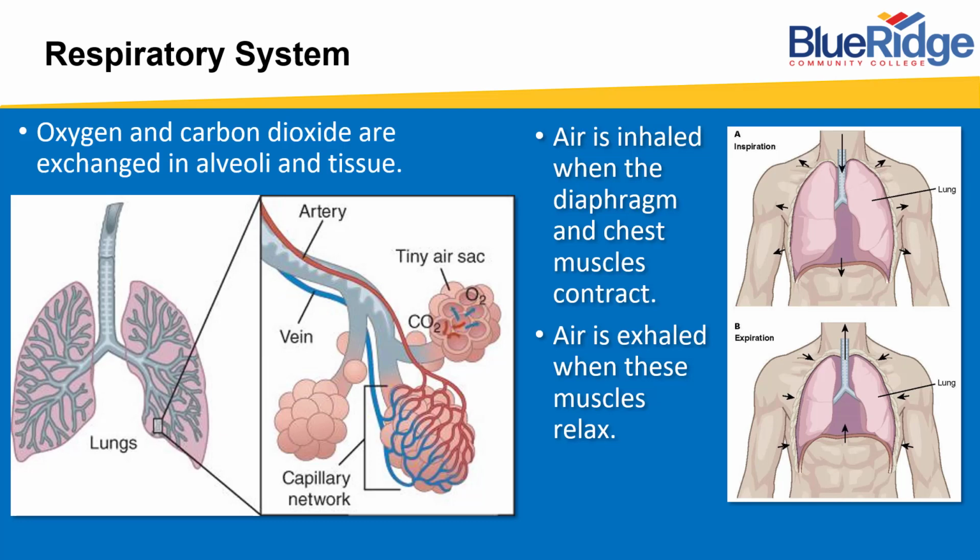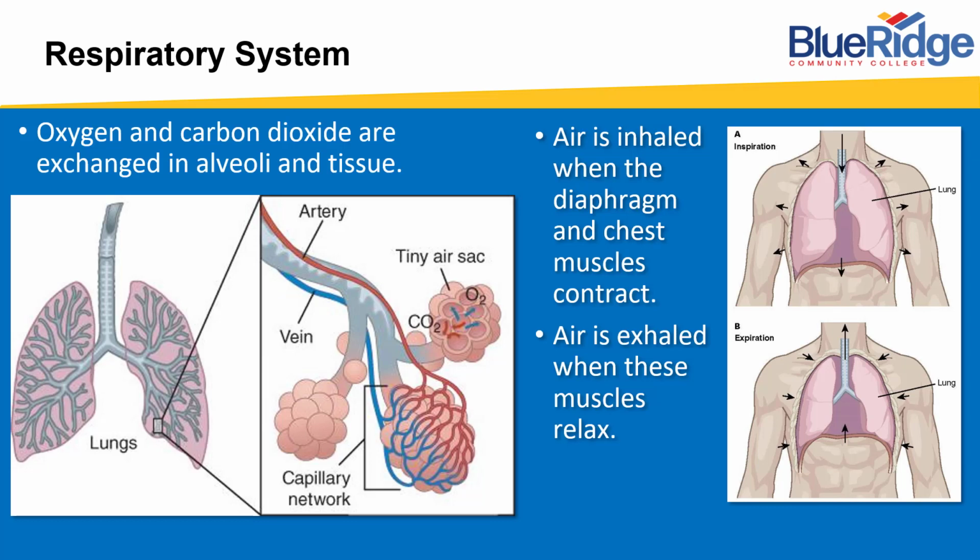The rate of breathing increases when the body needs more oxygen and when it generates additional carbon dioxide. So when we're running or doing some heavy or strenuous work outside, our respiratory rate increases because of the higher oxygen demand and the higher carbon dioxide production.